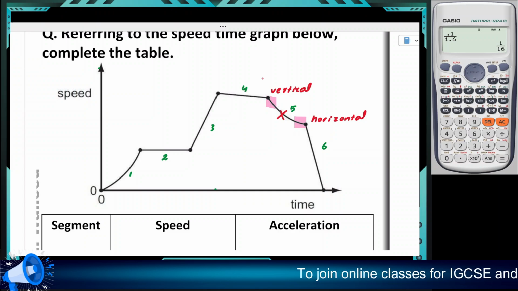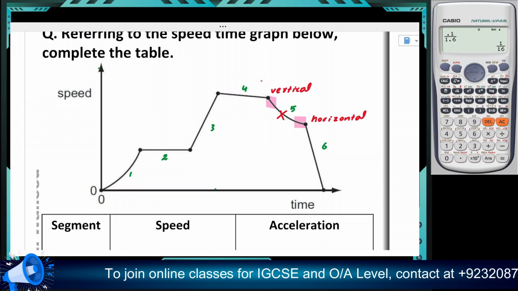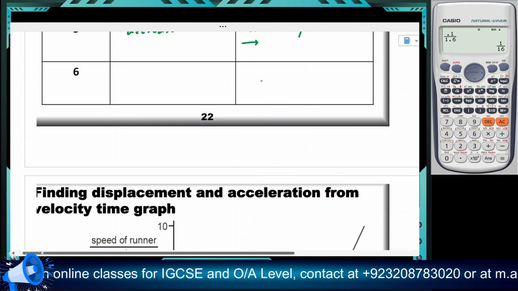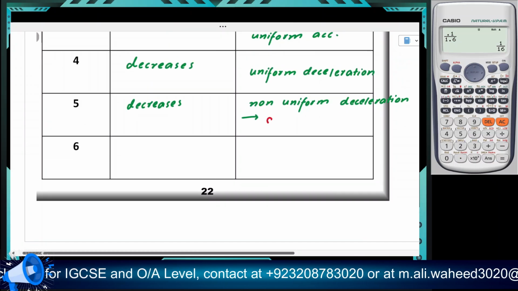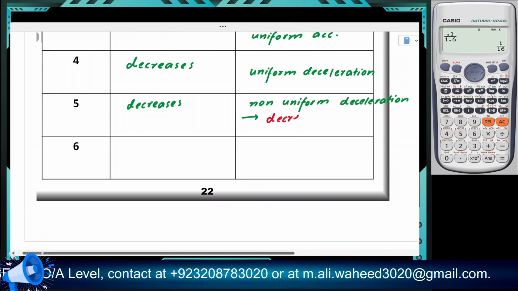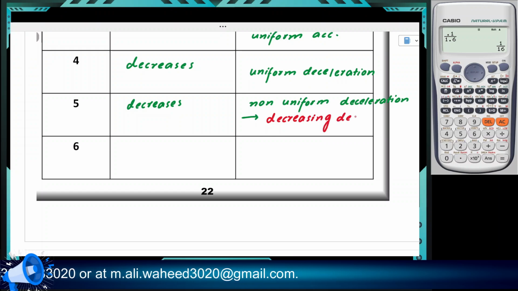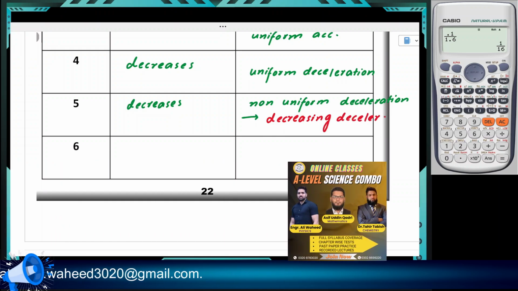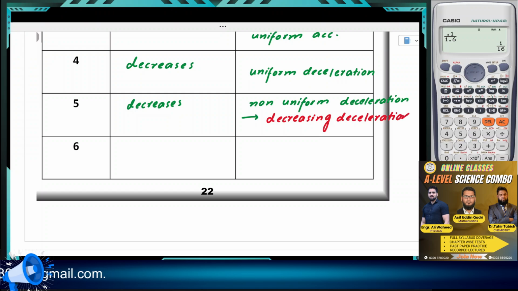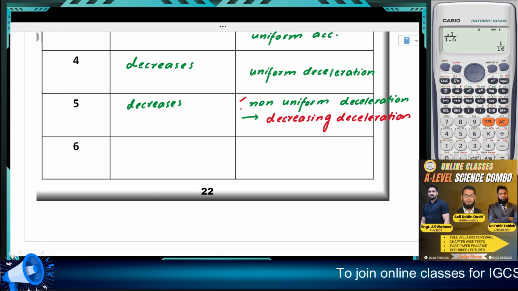And eventually we can say the gradient is being decreased. If the gradient is being decreased, we'll say it has decreasing deceleration. But once again, a mention of non-uniform deceleration is enough for our syllabus.